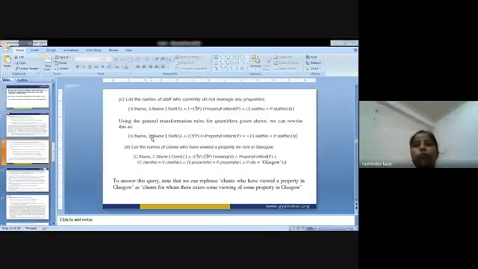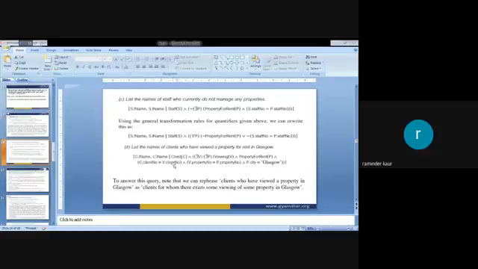So what is the query saying? It wants the list of the names of the clients who have viewed a property for rent, but the city name is Glasgow, in the property for rent.